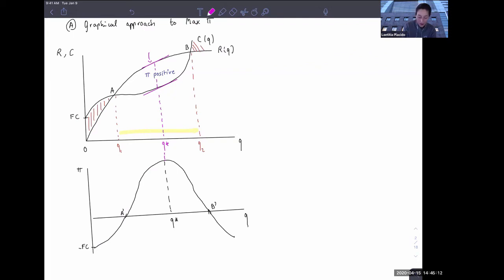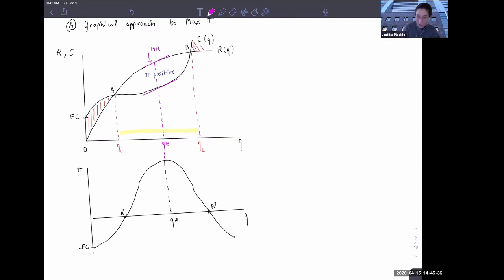Okay, so each point of the slope of the total revenue curve is the marginal revenue. So I'm going to call this marginal revenue. Okay, so basically the marginal revenue tells you the revenue you get from selling an additional unit. All right, so here we have the marginal revenue.